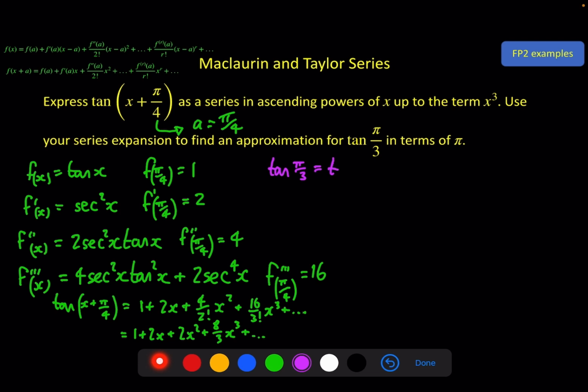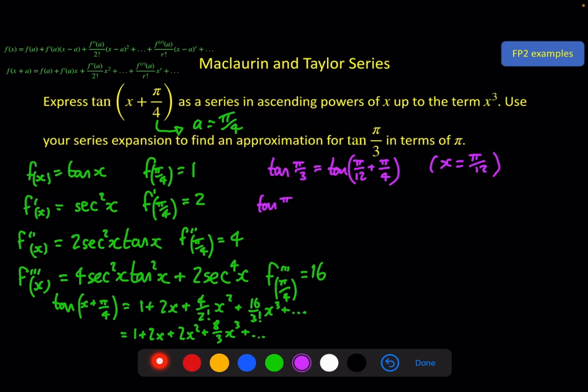And if we do that, we end up needing pi by 12 plus pi by 4. In order to match this to this style of expression, we need to write it like this. So the pi by 4 matches the pi by 4, which means x must be pi by 12. So that's telling me x is equal to pi by 12.